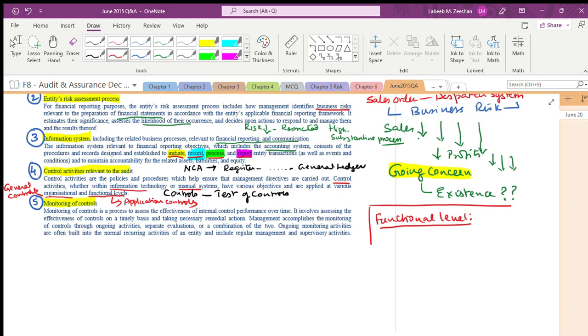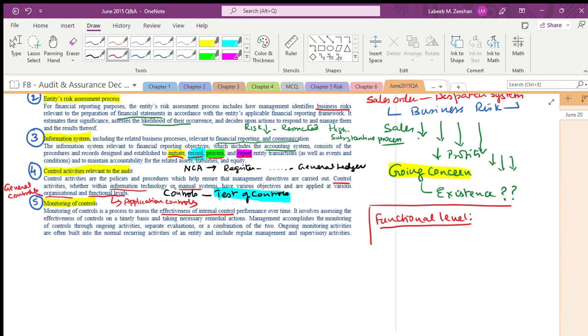Next, monitoring of controls is a process. Monitoring of the control is the process to assess the effectiveness of internal control. In other words, it is called a test of control. First, we will talk about the controls. Then, in the second stage, we talk about the test of control.